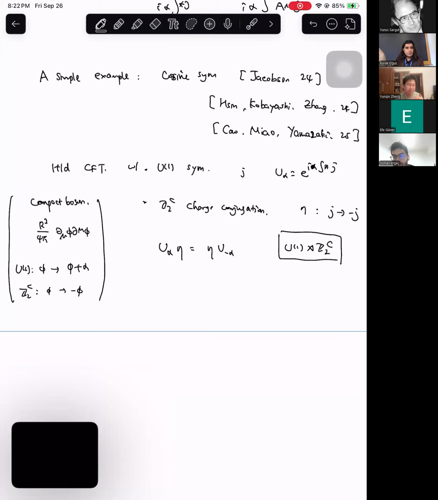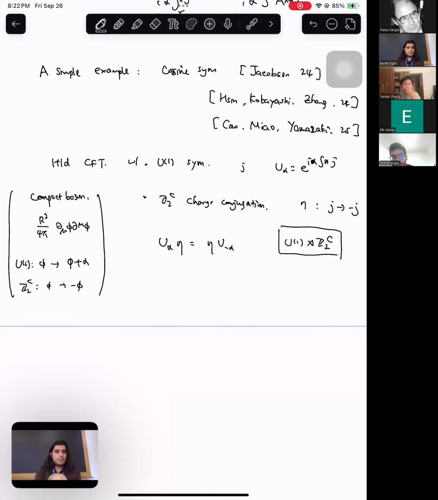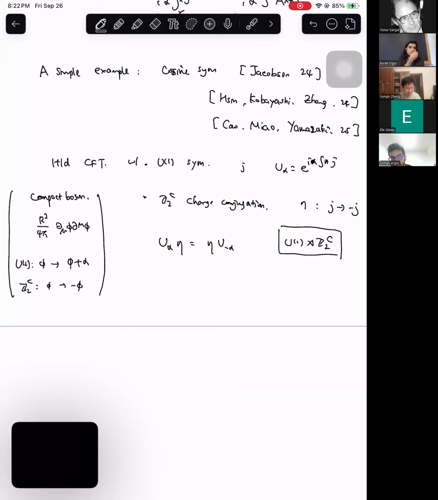Yes, that's right. That's exactly the point I'm coming to. I was thinking of what happens in this compact boson if we gauge the Z2 conjugation, which makes the U1 become the O2. I'm getting that, so just hold on.